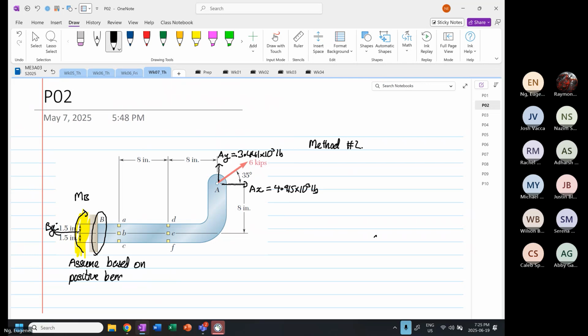And then by looking at AY, we know that BY will be coming down. So what we are doing now is we are going to find the reaction. Let me see, can we use this technique for this example?